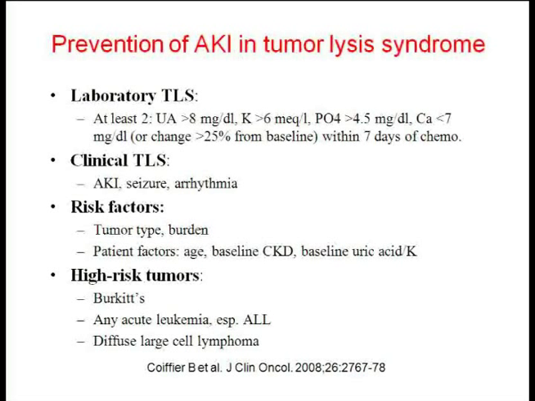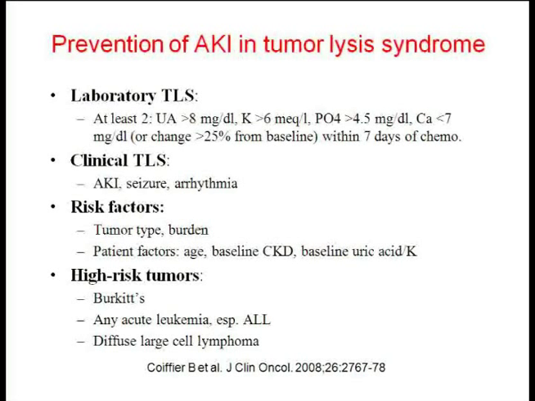Now, the risk factors are of 2 types. One, the tumor type, so especially high-grade lymphomas and acute leukemias, and also the tumor burden. So especially in lymphomas, looking at the overall mass of the tumor, and in acute leukemias, especially in ALL white counts greater than 100,000, in AML white counts somewhere greater than 10 to 50,000.